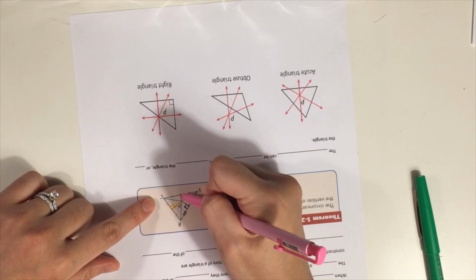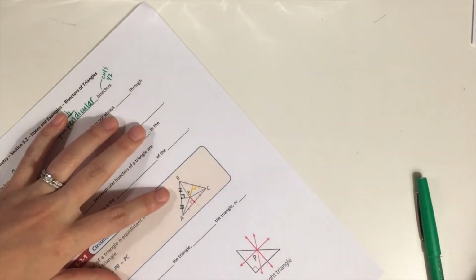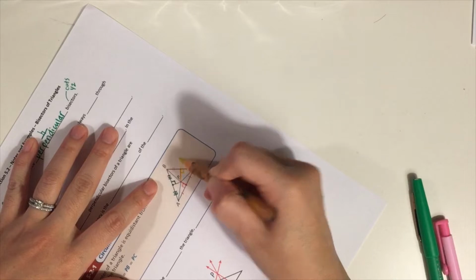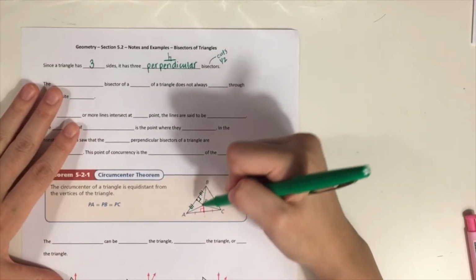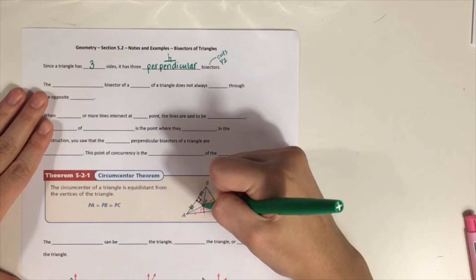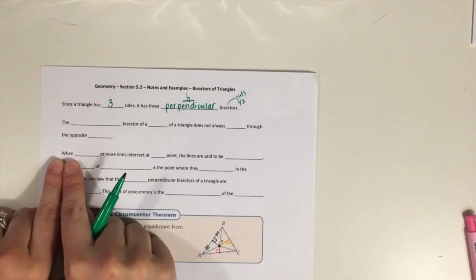And so if you extend out all three perpendicular bisectors, if you extend this one out, and you extend this one out, and you extend out the first one that we saw right here, it happens so that they all meet at one point, okay? And so we're going to start right here.